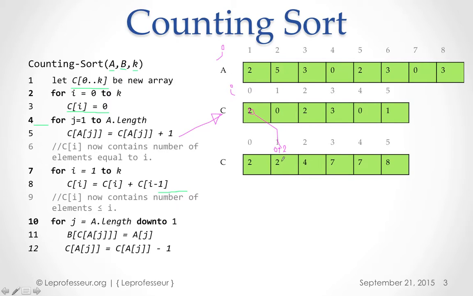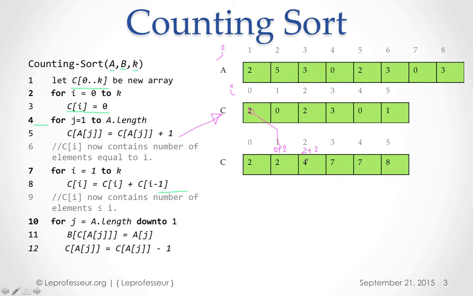equal to 2. In the same way, let's look at position number 2 when i will be 2. C of 2 is 2 plus C of i minus 1, which means 2 minus 1 is 1. So at 1 it's 2, right?